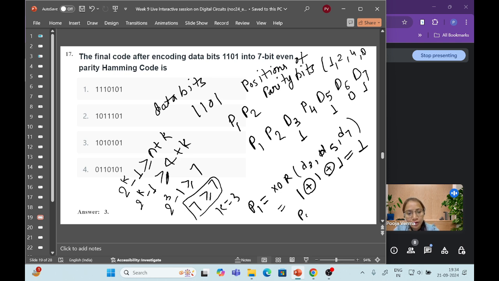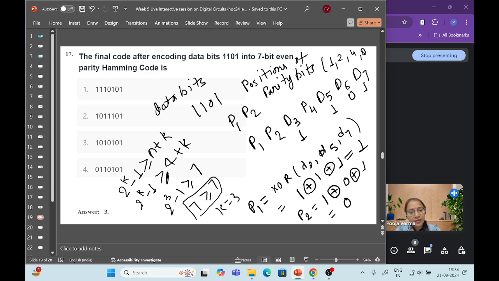Similarly, we need to find P2, which is XOR of D3, then leave 2 places, D6, D7. So 1 XOR 0 XOR 1. I am writing it directly, not writing this step, so you can understand. The number of ones is even, so P2 is equal to 0.